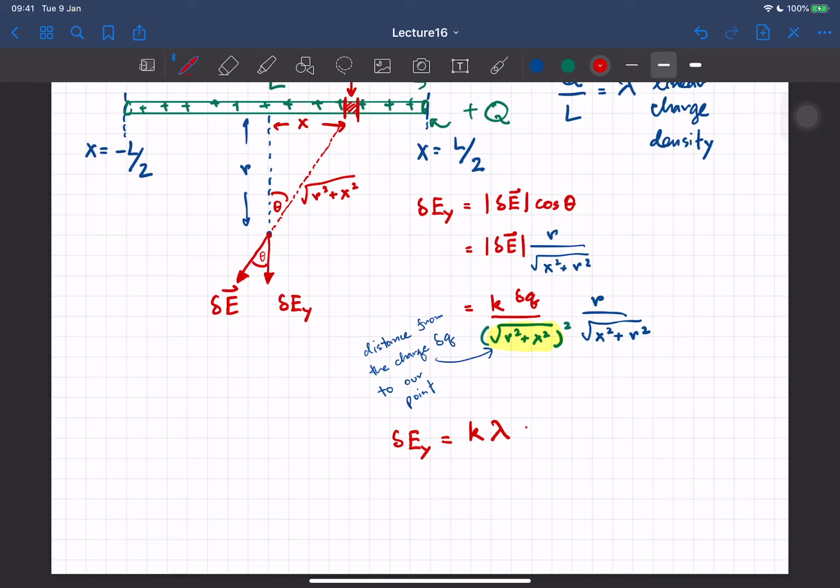So it's lambda times k times r, and then in the denominator, x squared plus r squared to the 3/2 power. Make sure you understand why this is 3/2. It's 1/2 here, and it's 1/2 squared here, so that's 1. So 1 plus 1/2 is 3/2. So it's the 3/2 power here, and then times delta x like this.